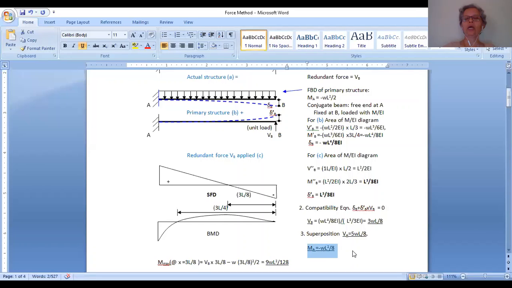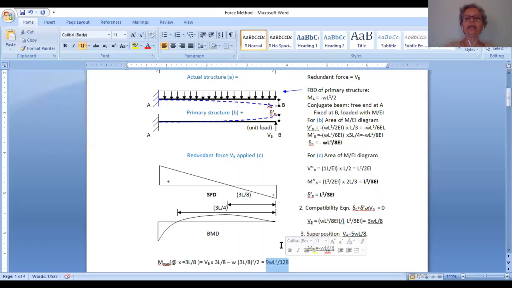Now, if you look here, earlier there was only negative moment throughout with maximum at the support, reducing to 0 here. But in between there is some positive moment also. How much is that positive moment? We have found out, it is 9WL squared by 128.